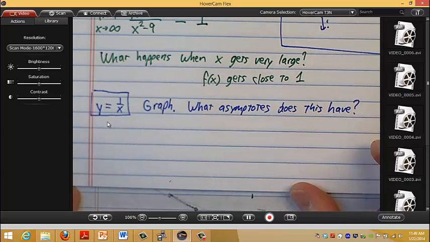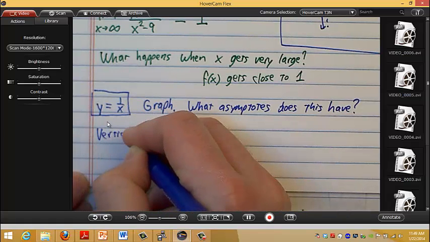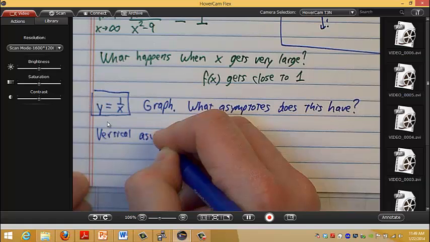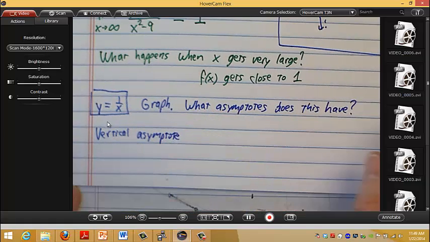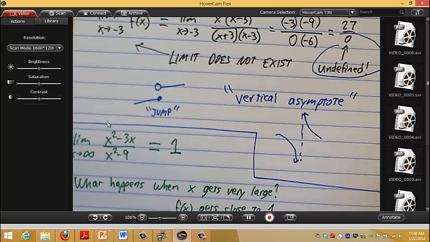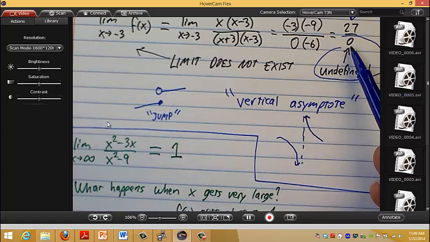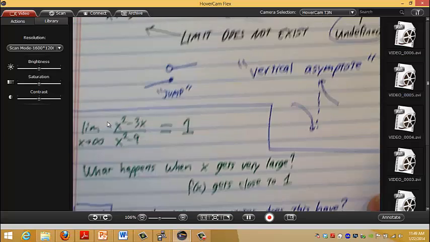Okay. Well, first thing I'm going to tell you is this: it's going to have a vertical asymptote. How do I get a vertical asymptote? Remember up above what I did. To get a vertical asymptote, I had to figure out what would make the denominator 0. And that was when we plugged in negative 3. Well, what about this function?